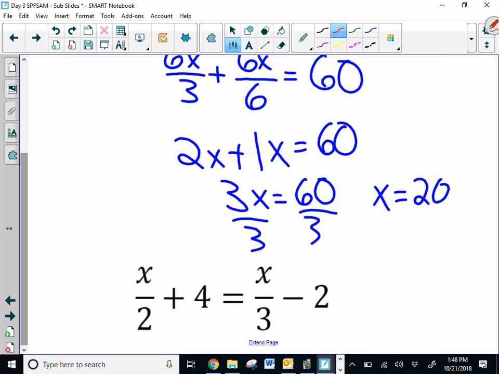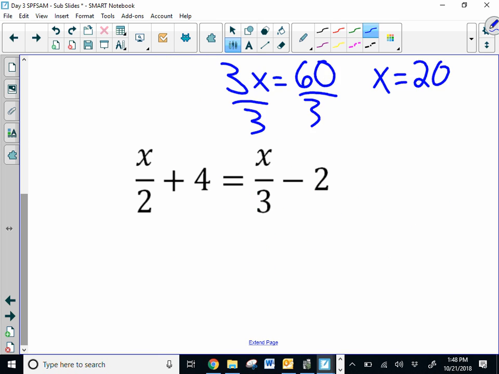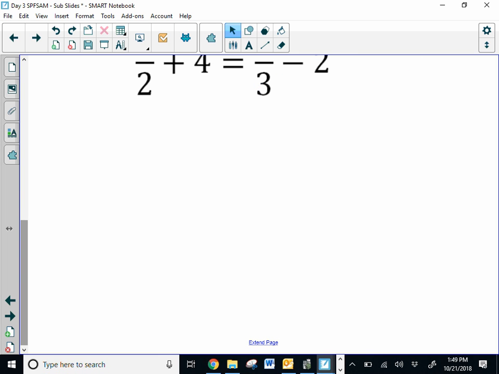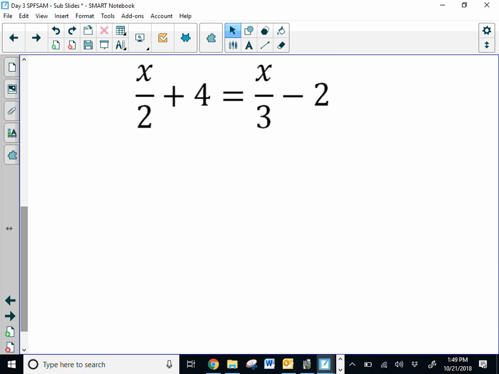All right, we're going to do one more. Here we have x over 2 plus 4 equals x over 3 minus 2. Again, we want to find the least common multiple of our two denominators, 2 and 3.